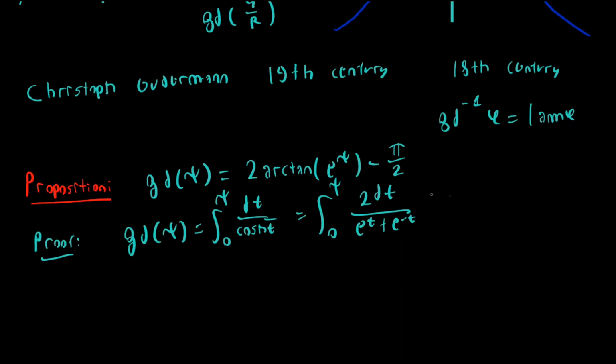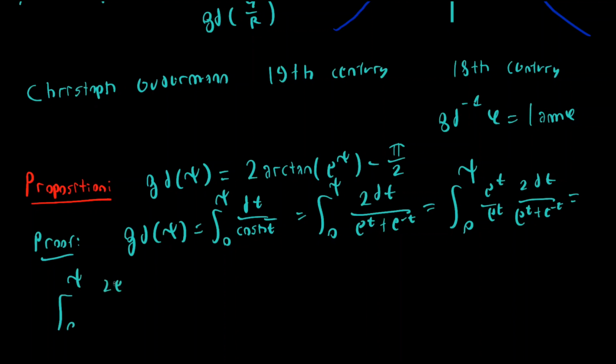Now we can multiply and divide by e to the t, yielding above 2 times e to the t, and below, e to the 2t plus 1, all dt.